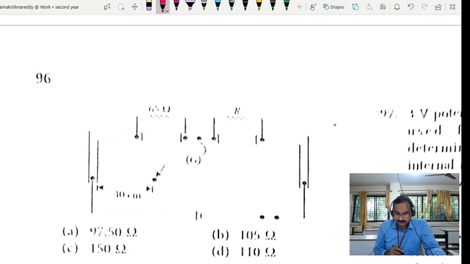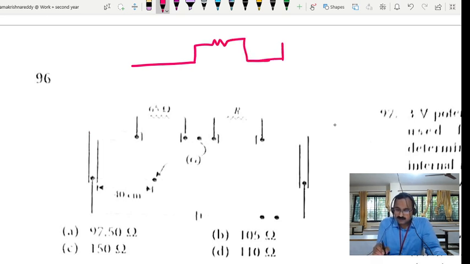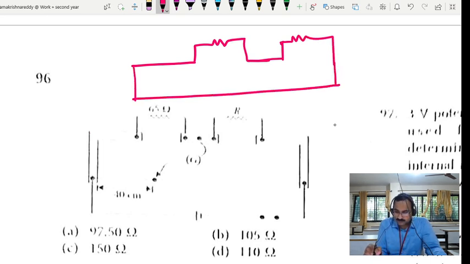We'll draw the diagram roughly of what they have given. This is the thick middle copper strip, and 2 resistors with that. Just roughly I am drawing what is required for the problem. I will check the material and draw that.